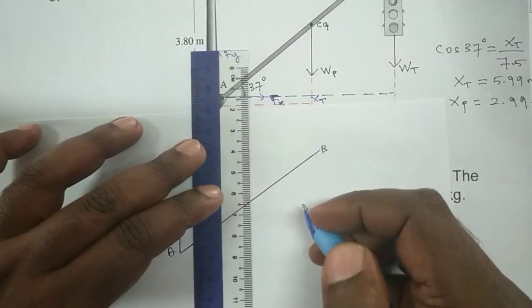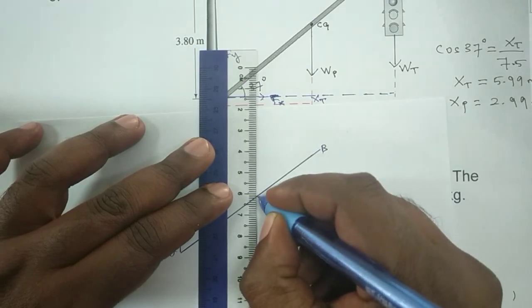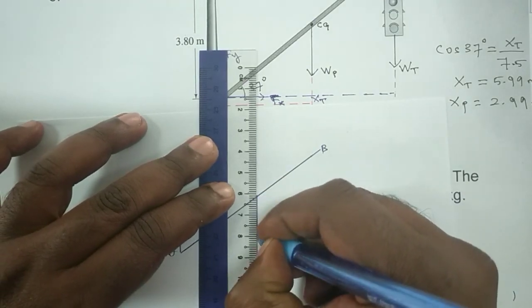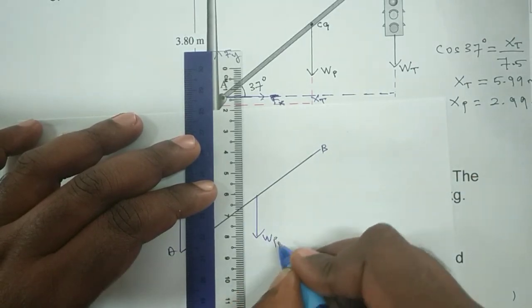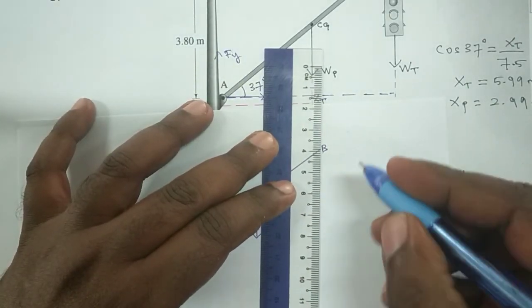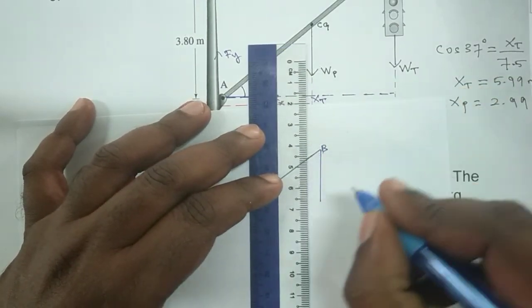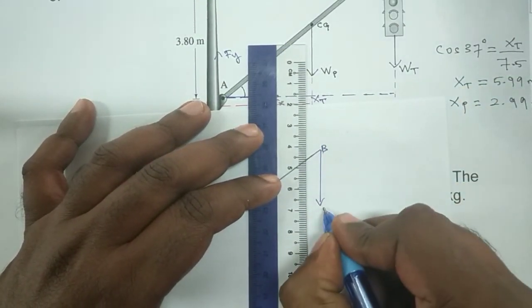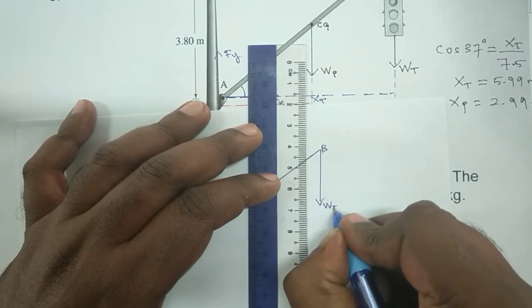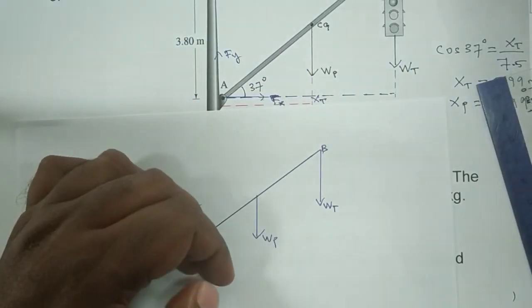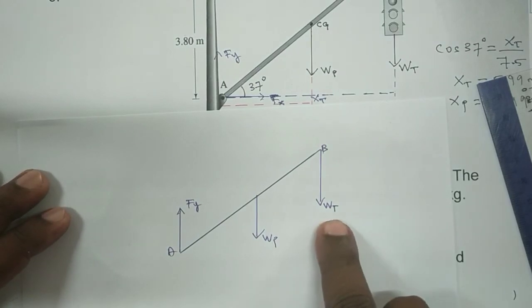Another vertical force vertically downwards, and another vertically downwards force. Weight for the traffic, weight for the pole.